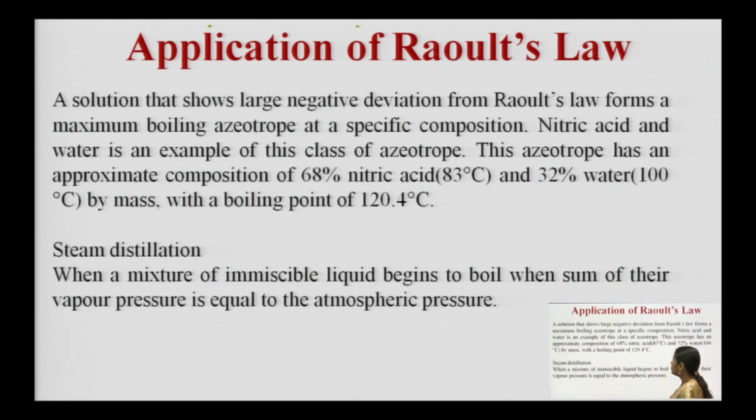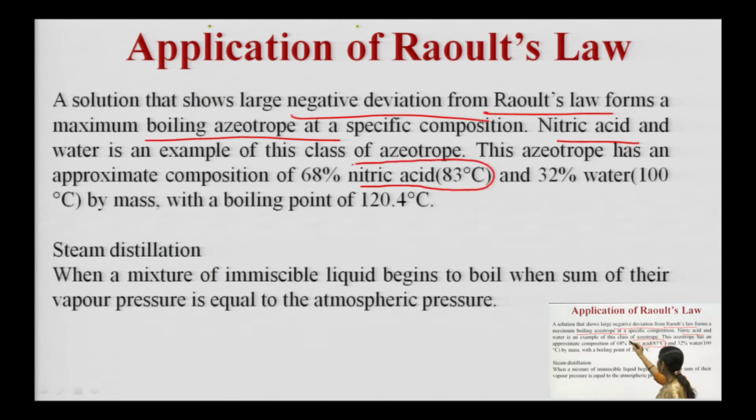Then comes a solution which shows negative deviation from Raoult's law; it forms maximum boiling azeotropes at a specific composition. An example is nitric acid. Nitric acid has a boiling point of 83 degrees Celsius and water has a boiling point of 100 degrees Celsius.